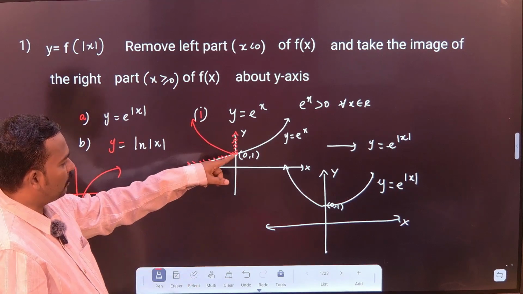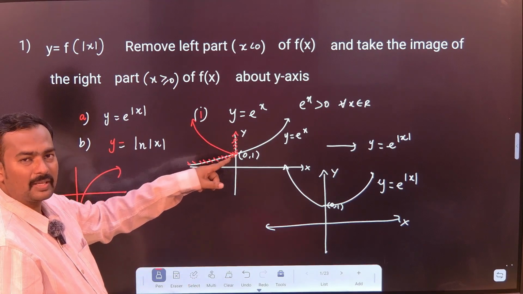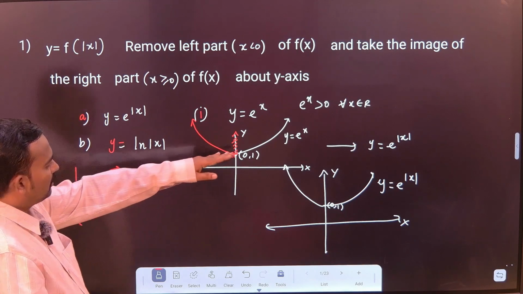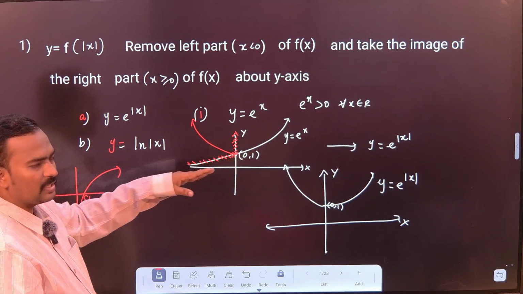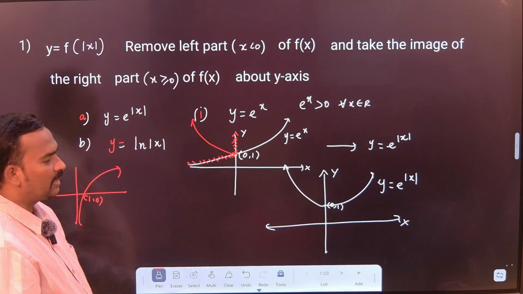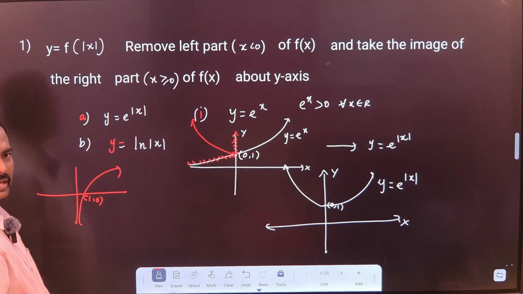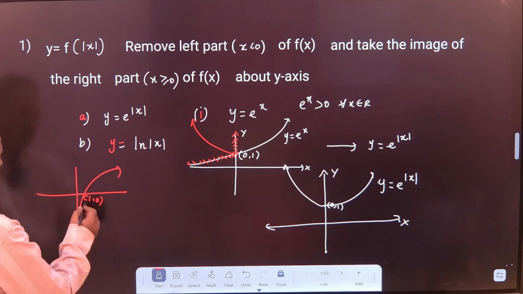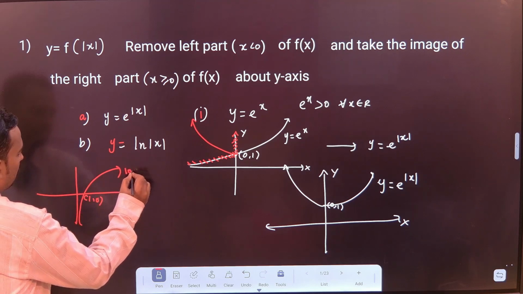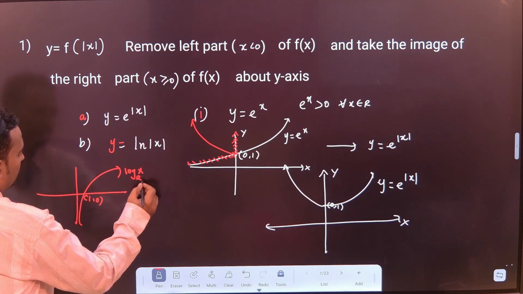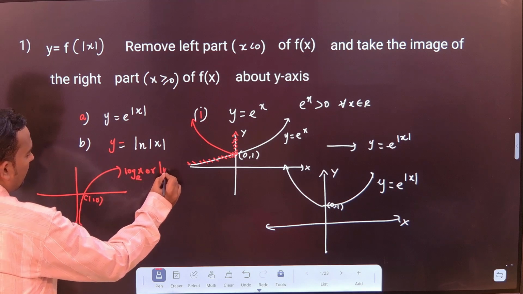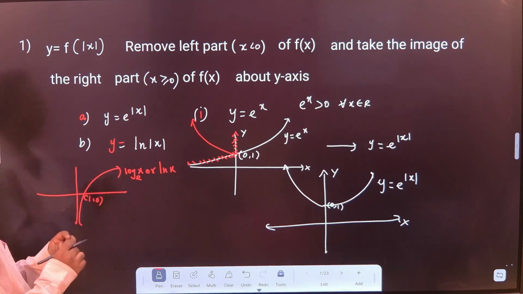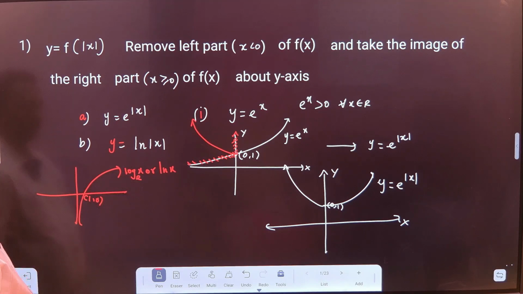So here the y intercept is 0 comma 1, which means here the x intercept is 1 comma 0. Here the curve is not intersecting the x axis, and here the curve is not intersecting the y axis, right? Okay. So this is the log x curve, log x base e, or you can write ln x. Understand the base e, the natural logarithm, right?